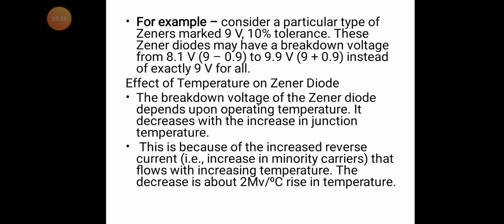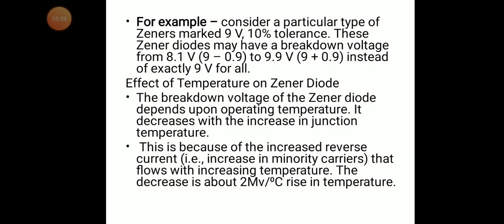You see here, the breakdown voltage of the Zener diode depends upon the operating temperature. In a semiconductor, the operating voltage depends on the temperature, because if the temperature increases, free charge carriers are generated in the semiconductor.